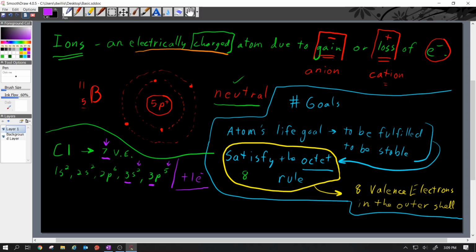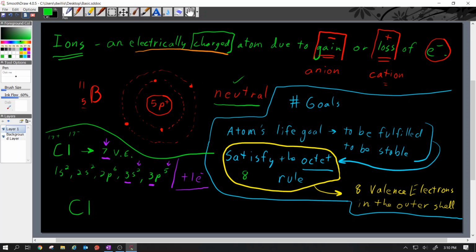All right? Now, if I give it one more electron, at that point it would have how many? Well, how many did it have here? It had 17 protons, and it had 7 valence, but 10 others, so 17 electrons. Do we recognize that it's a neutral atom? And so 17 protons means 17 electrons.